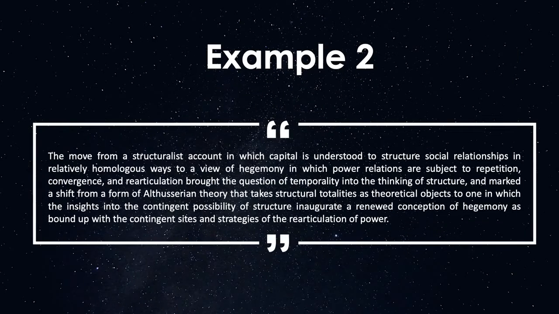Here's another example of a sentence from a published paper which was enough to make the author the winner of the 1998 Bad Writing Contest. The move from a structuralist account, in which capital is understood to structure social relationships in relatively homologous ways, to a view of hegemony, in which power relations are subject to repetition, convergence, and rearticulation, brought the question of temporality into the thinking of structure, and marked a shift from a form of Althusserian theory that takes structural totalities as theoretical objects to one in which the insights into the contingent possibility of structure inaugurates a renewed conception of hegemony as bound up with the contingent sites and strategies of the rearticulation of power.